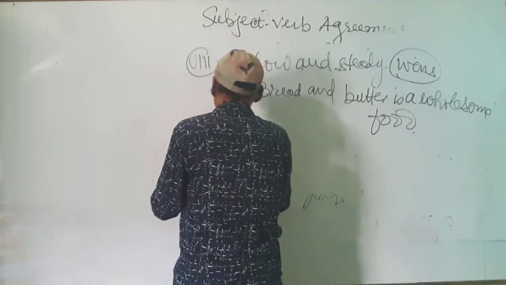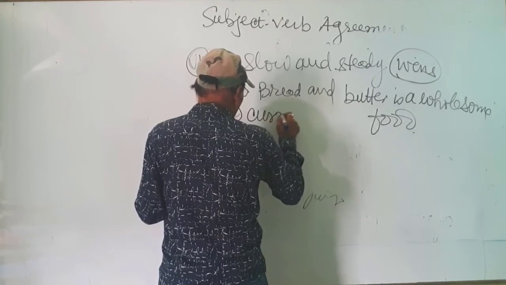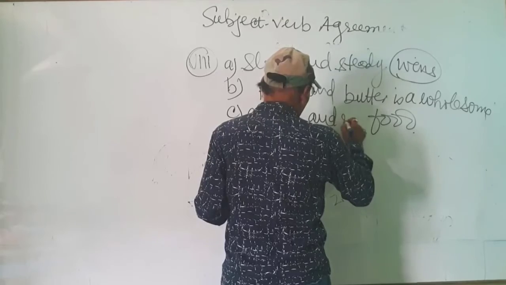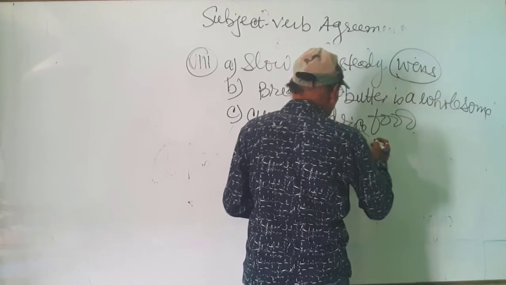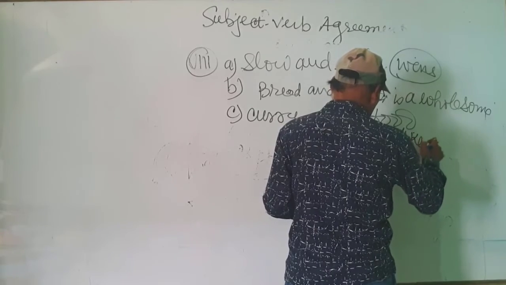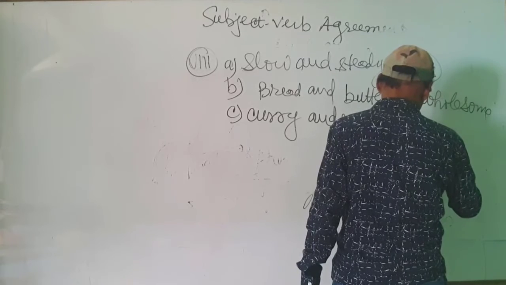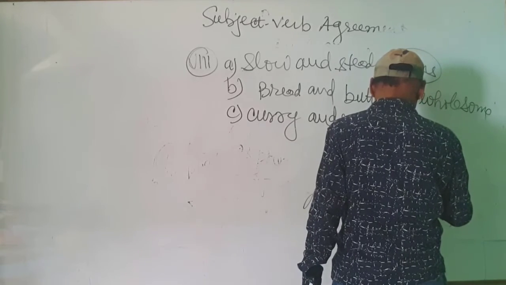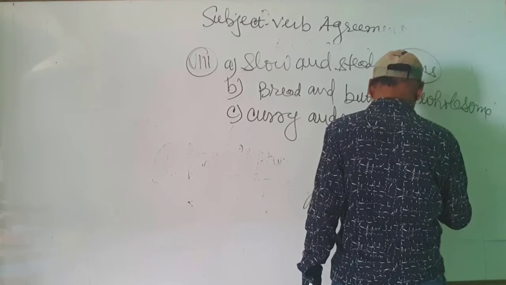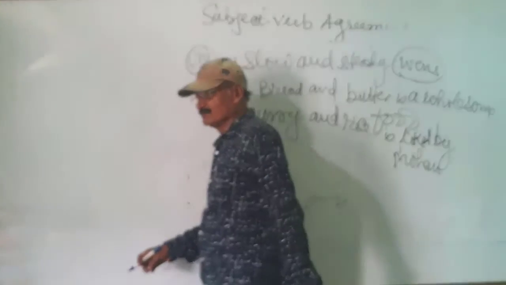Third example you can find here: curry and rice is liked by Mohan.